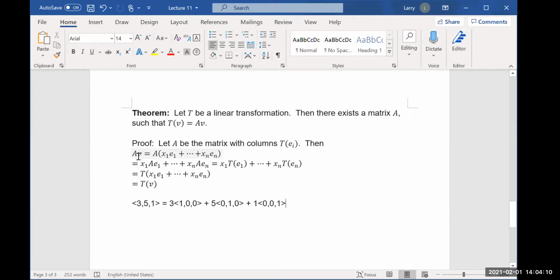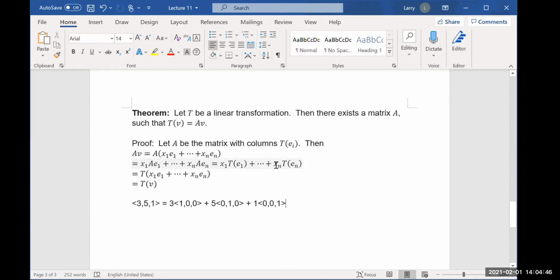So I can write Av is equal to A(x1 e1 plus ... plus xn en). Okay, but then I can use properties of matrices, and I can write that as x1 Ae1 plus ... xn Aen. Because remember, the x's are constants, so I can pull the constants out. But Ae1 is T of e1 by definition. Aen is T of en, and all the middles work that way too.